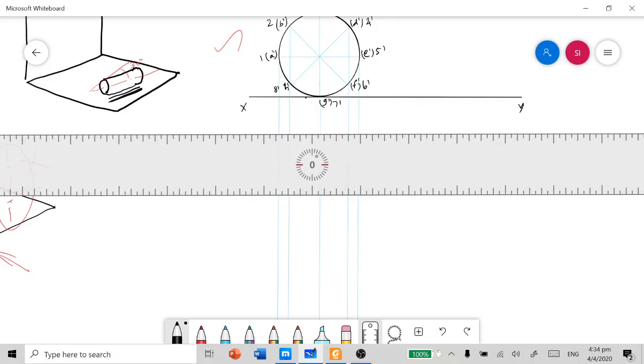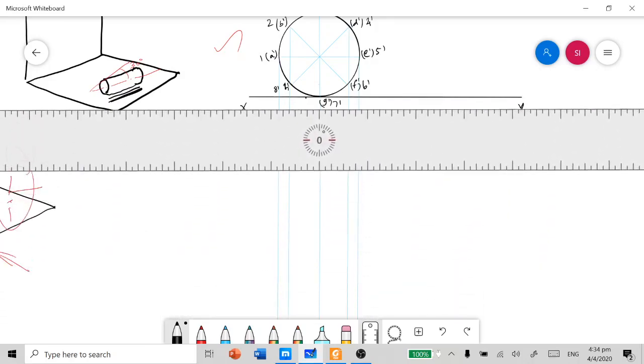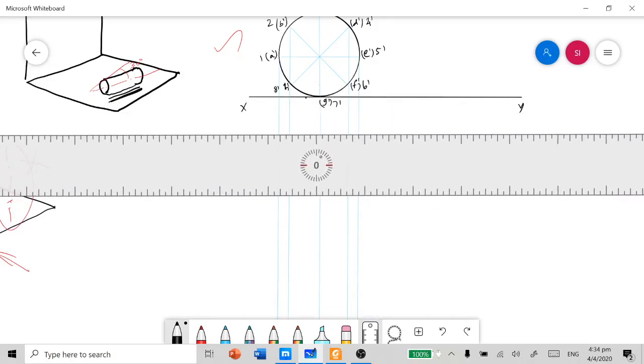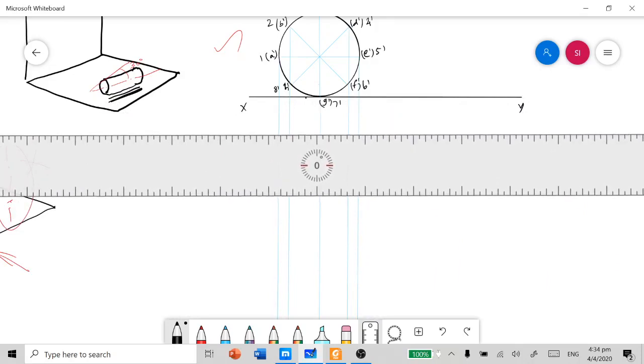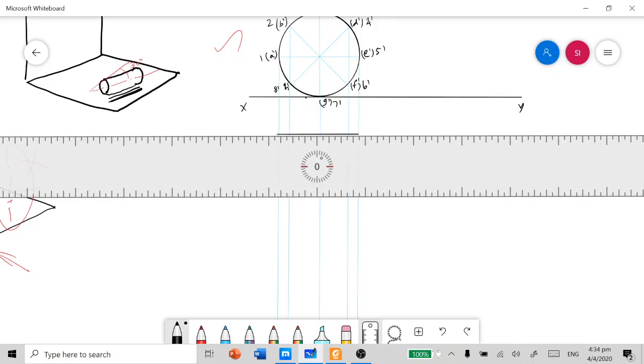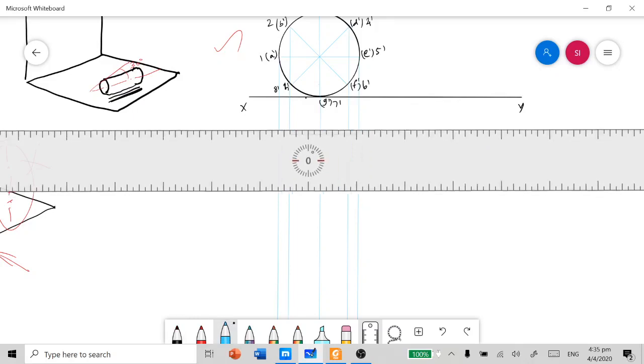You should not go too far or too close, and have some nominal distance. It's your choice. So starting from this point, the axis height given in this problem is 70 mm.